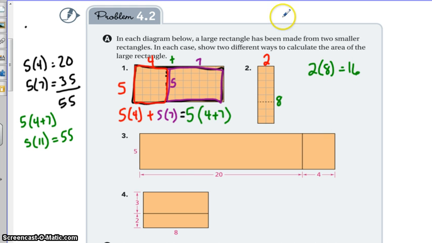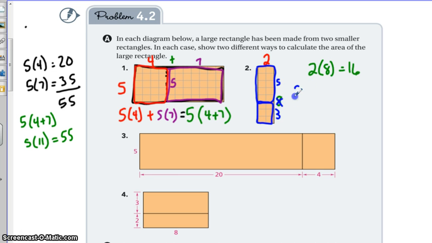However, because we are cutting it into two smaller rectangles, we have this one and this one. We now have a 5 here and a 3 here, and that 8 is still there, but we've cut it into two different parts.